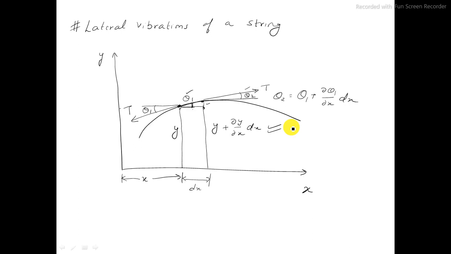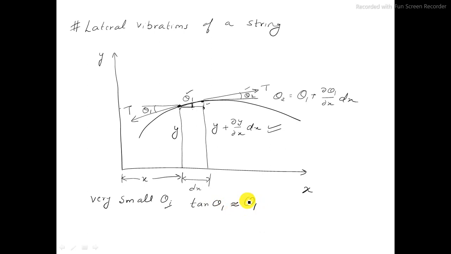So these are some small things that you have to understand from the starting point of view. We will assume a very small angle theta throughout the derivation, very small theta 1. If theta 1 is very small, we know that tangent of theta will be equal to theta.